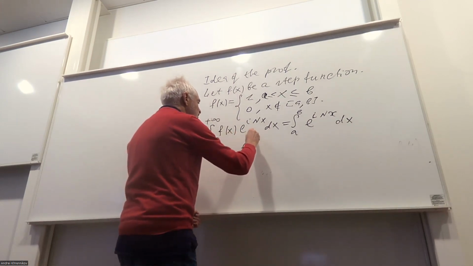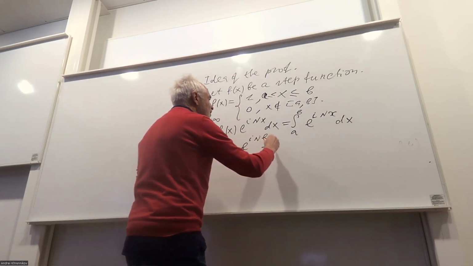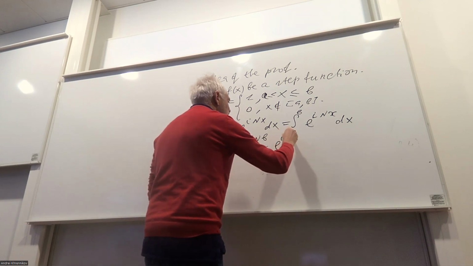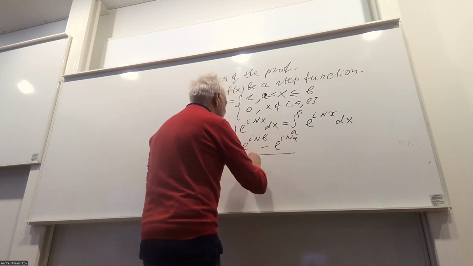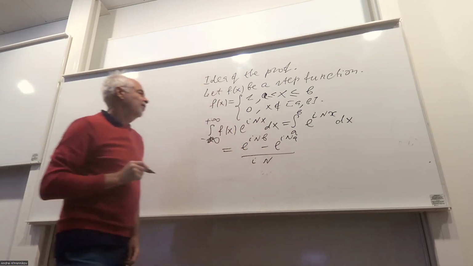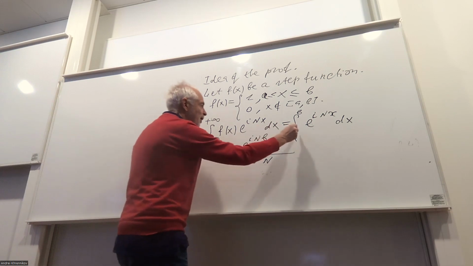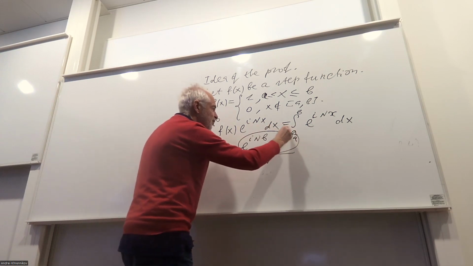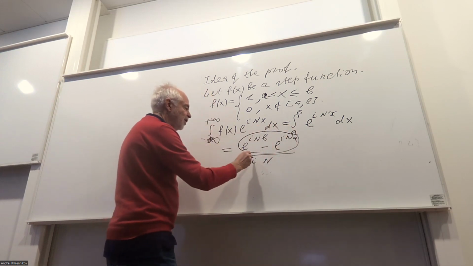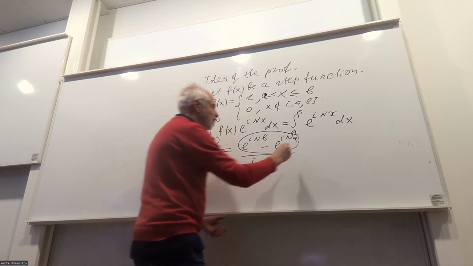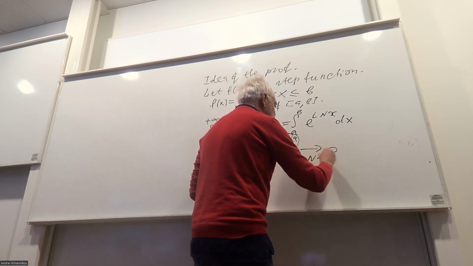It would be (e^(inb) minus e^(ina)) divided by in. The numerator is bounded, with absolute value less than or equal to 2, so it goes to 0 as n goes to infinity.